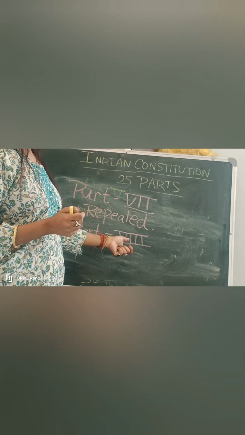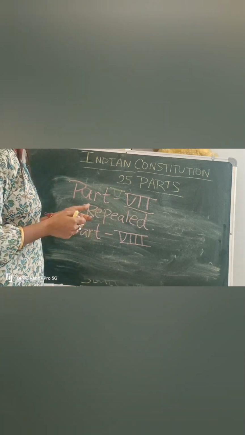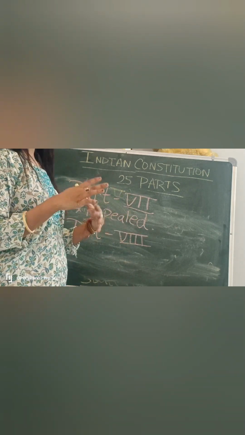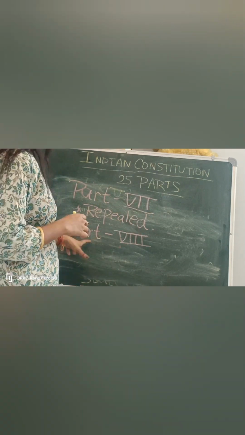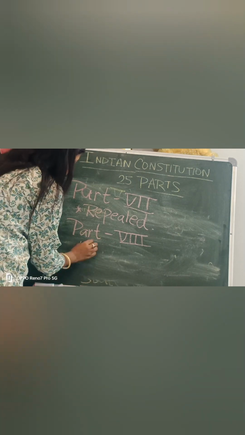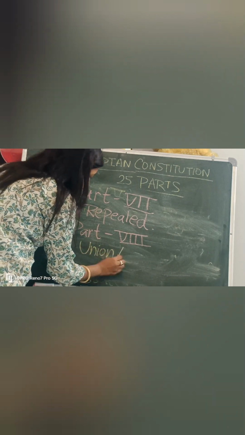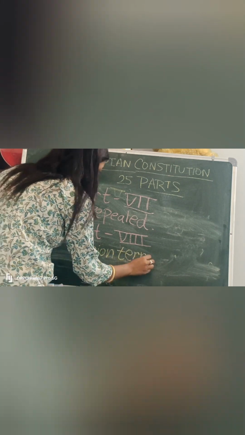And in this part 8 it has been repealed. Okay, and it has gone in amendment. This study I will teach you later on. But in part 8 it is union territories.